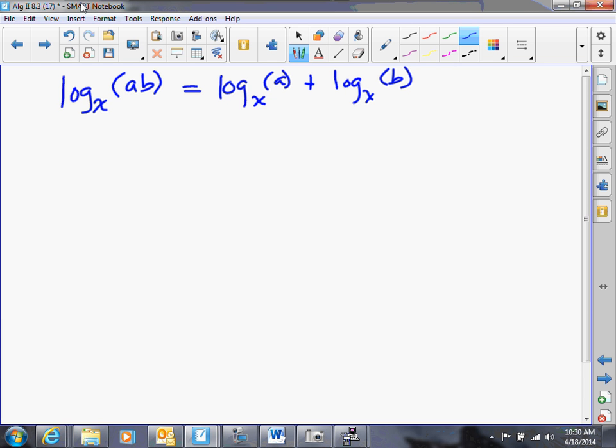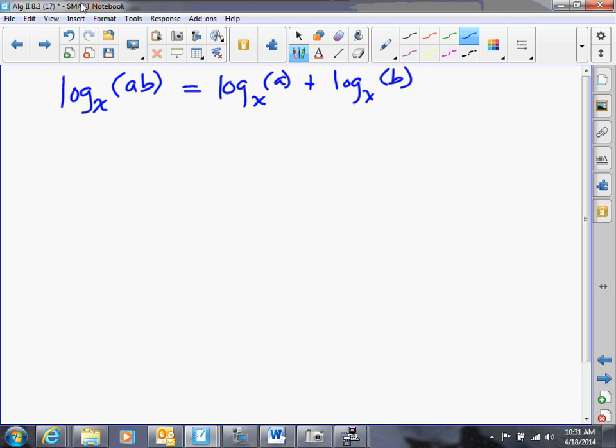But before we start, let's just talk about it for a minute. Remember, the fundamental concept of a log is that a log is an exponent. Now notice, we've got a base of x, and we're taking the log of AB. So what we've got here is the log of a product of things with the same base.